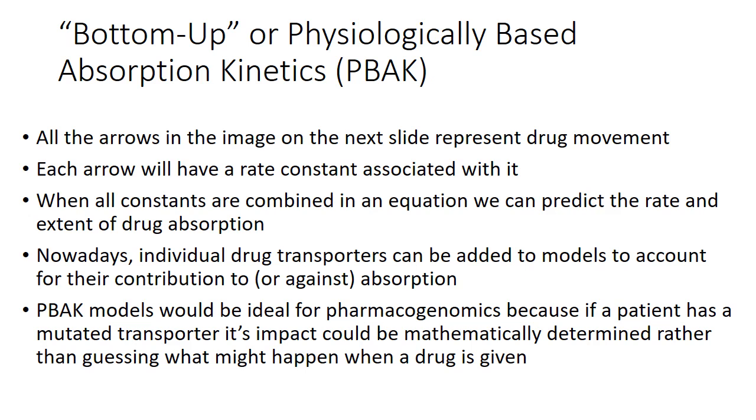The one place where these physiologically based models would be really ideal is if you're looking at pharmacogenomics, because the large compartment models that we're going to talk about for the most part, those top-down approaches, they're really not equipped to deal with pharmacogenomics, because you can't incorporate individual proteins into the equation that have been mutated and have lower or higher activity levels.